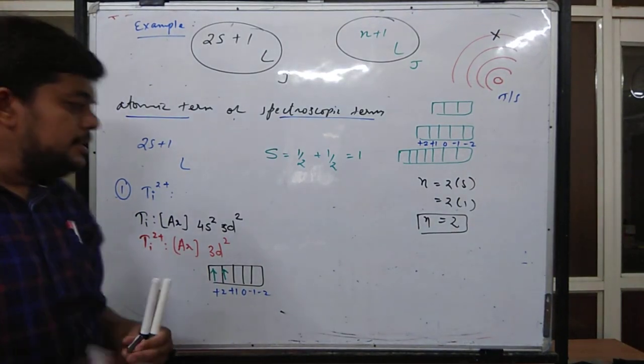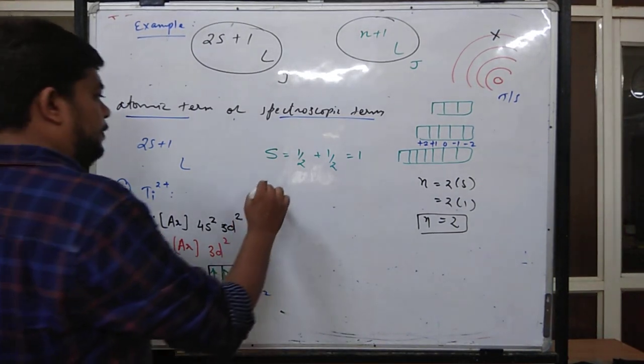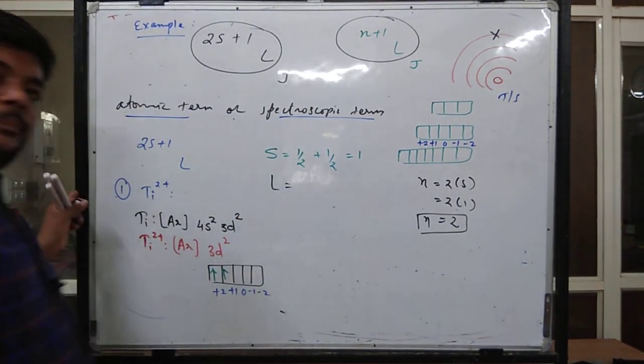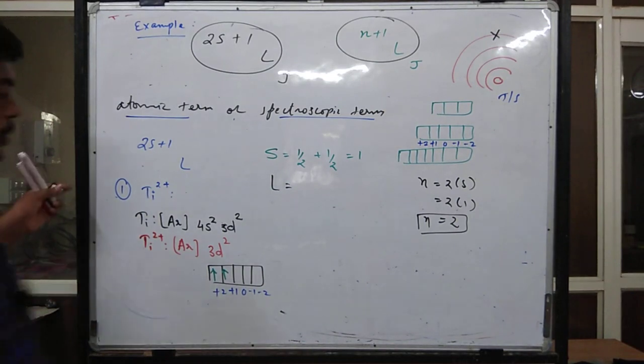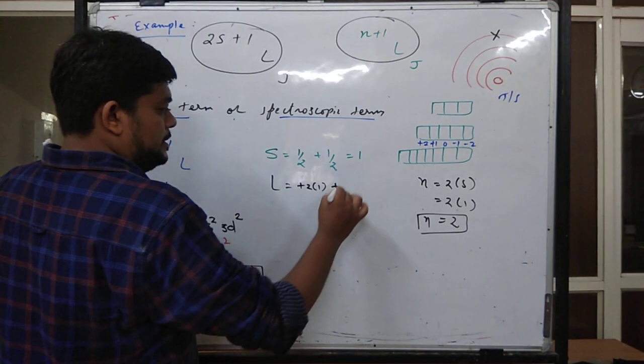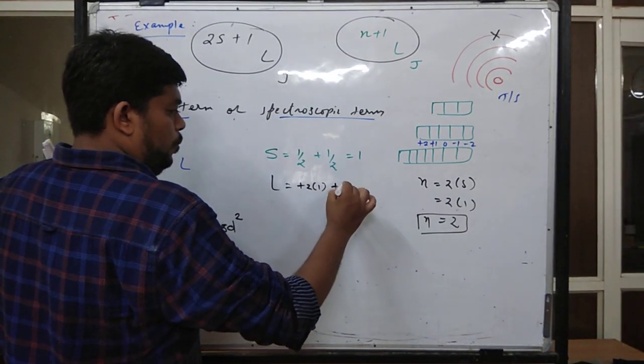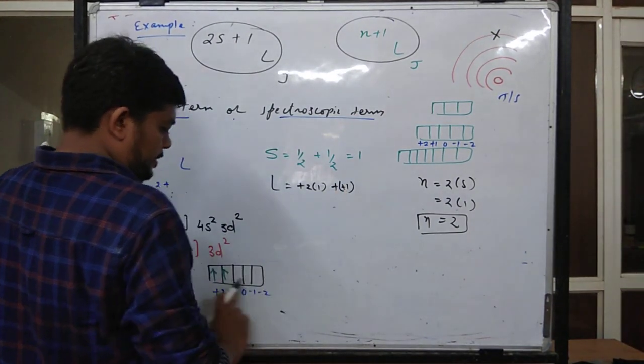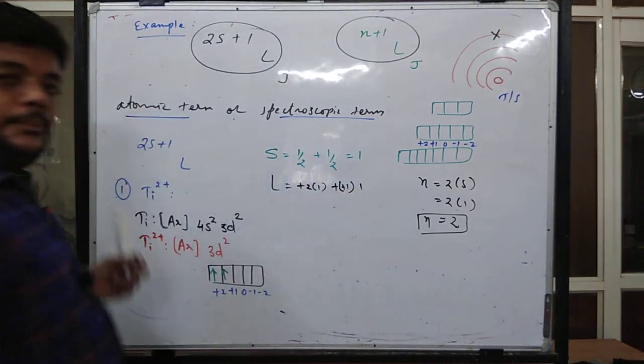Now moving a step ahead, thinking for L, this one electron will have the value +2, plus the other electron's +1.